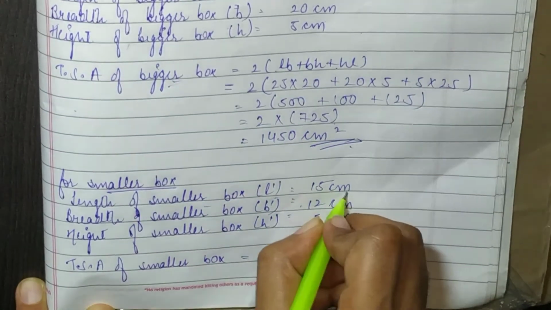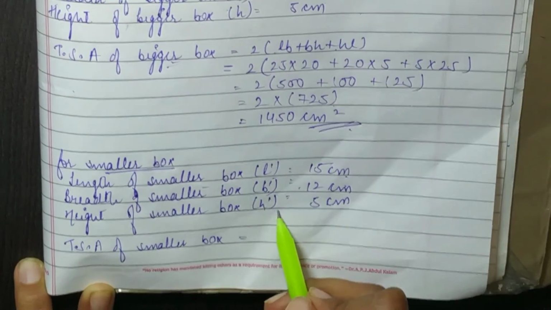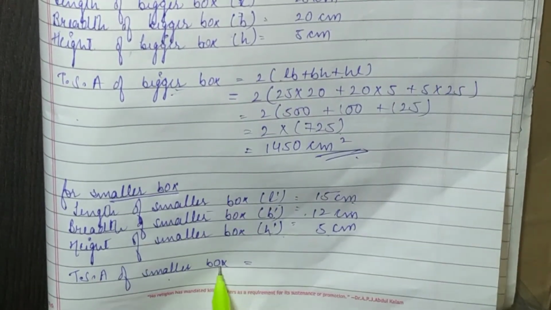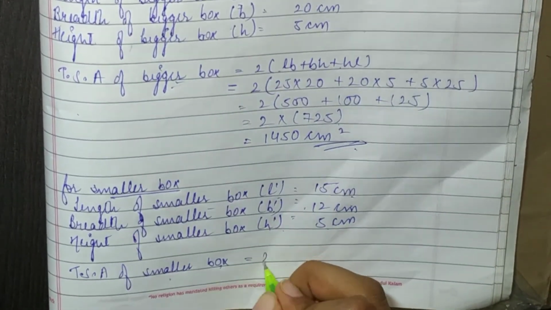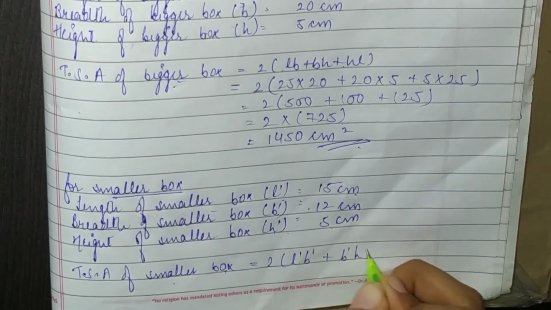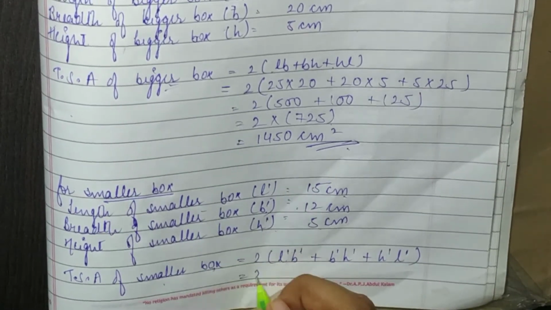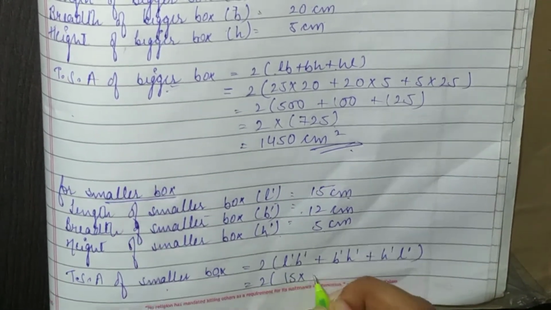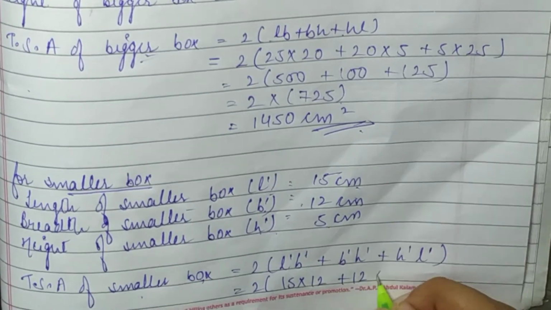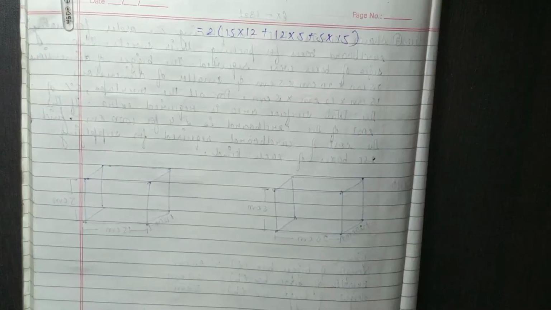Now for the smaller box, length l dash is 15 centimeter, breadth b dash is 12 centimeter, height h dash is 5 centimeter. Similarly we'll find the total surface area of the smaller box. The formula remains the same but the symbols are different. Now I will substitute the values as given for the smaller box and then we'll solve it.